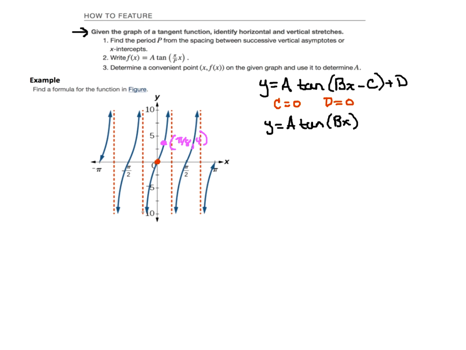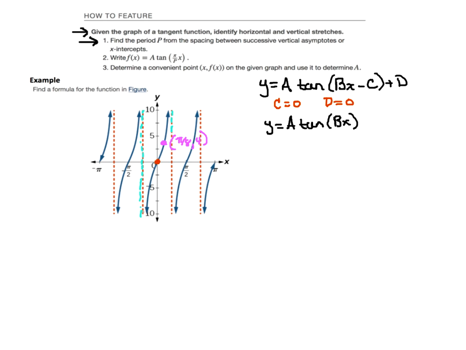Okay, so the first step is to find the period P from the spacing between successive vertical asymptotes. I have a vertical asymptote at negative pi over 4. That's halfway between 0 and negative pi over 2.